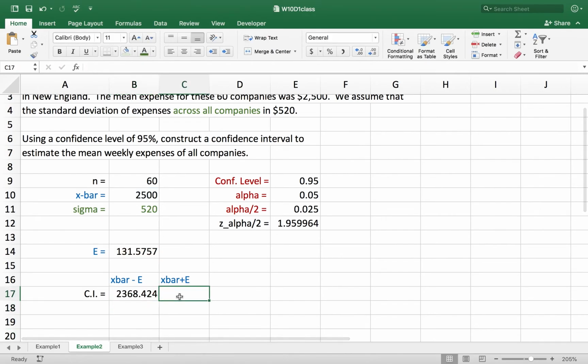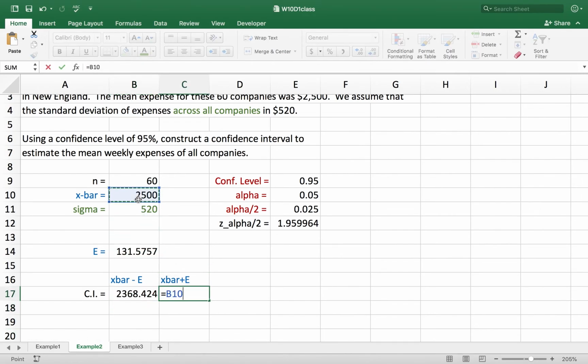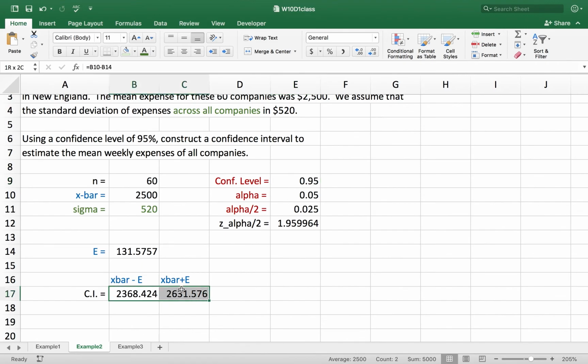For the upper limit of our confidence interval, we start in the middle. We start at x bar, our best guess, and then we add, in this case, the margin of error. So these two values, we can be 95% confident that the true population mean expense falls between these two values. And that's how we would write our summary sentence.